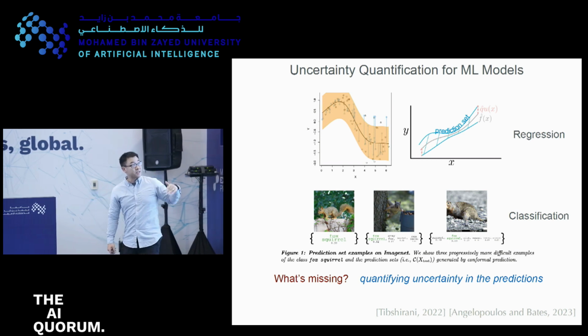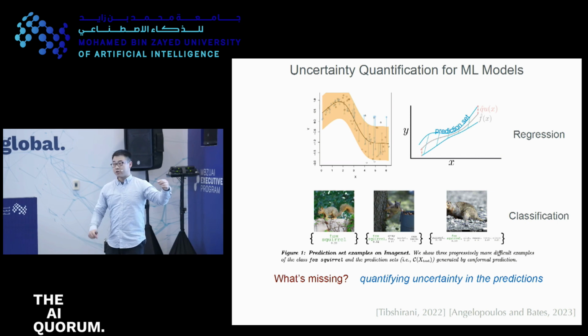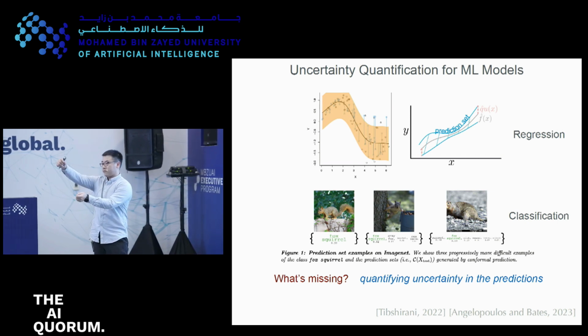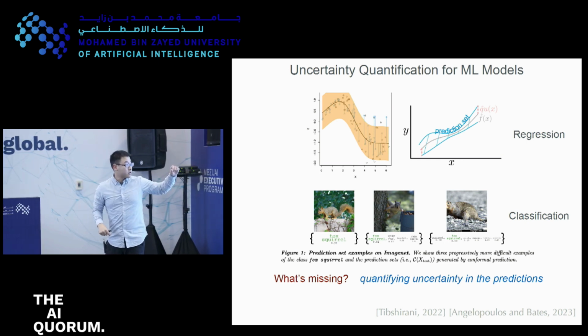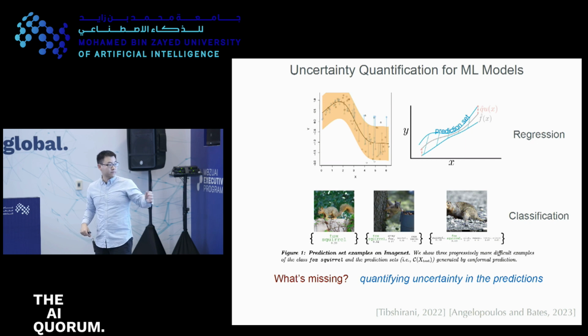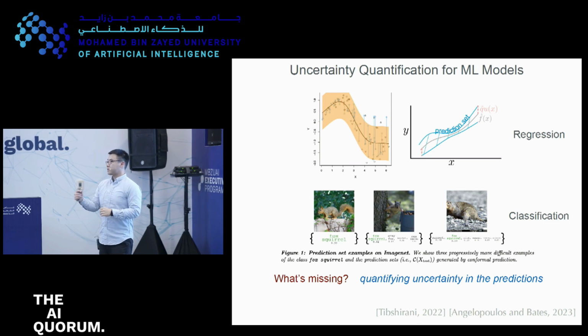Instead of just predicting what f hat is, at each point you also want to give a confidence interval, saying how likely this prediction will lie in this band. In the second row, I'm borrowing some slides from Anastasia's, for classification problems. Instead of just giving a point prediction of which class this image is, you also want to give a set instead of just one point.